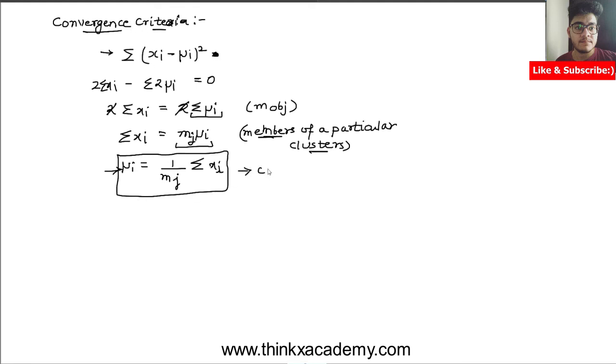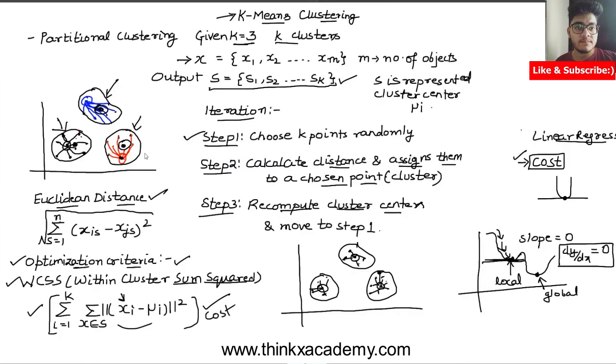So at this point I can say that the algorithm is converging, right? Since it is converging, we can stop the k-means algorithm, and after stopping we will return the obtained clusters that we have. So this is the k-means clustering algorithm.